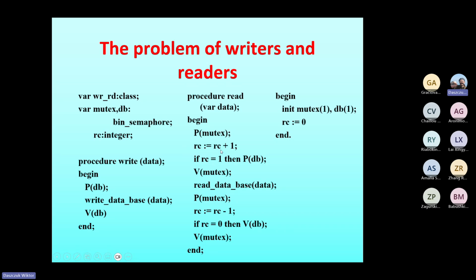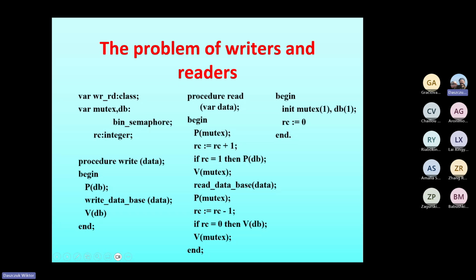Every one of them incremented RC, and it can happen that each time a process decrements reader count, some other process increments the reader count, and reader count never reaches zero. It is 1, 2, 3, 5, 2, 1, 5, 1, 2, 3, 4, but never zero. It can happen.